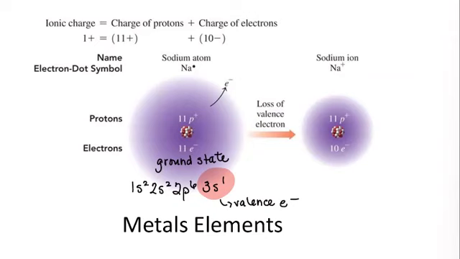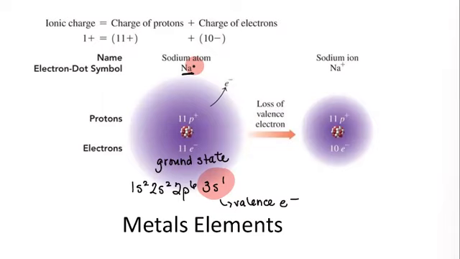We illustrate that sodium has lost that valence electron by putting a +1 charge, because that dot, illustrating the one valence electron in sodium, has been given away. In its place, we put a positive charge because it lost one electron.